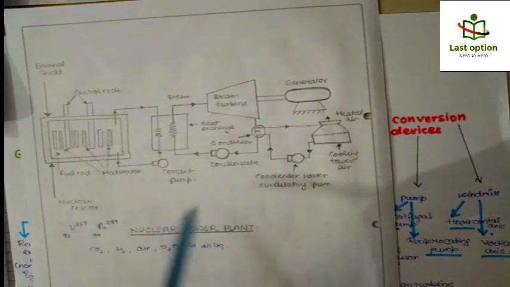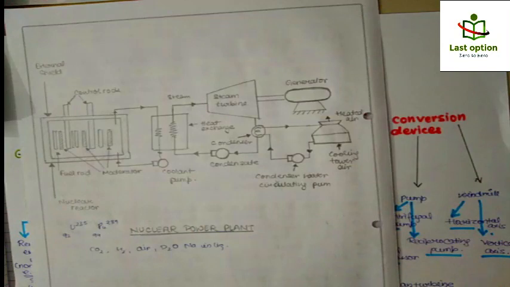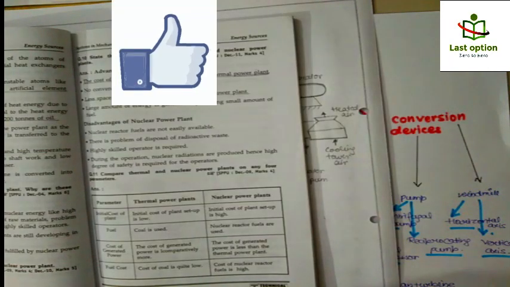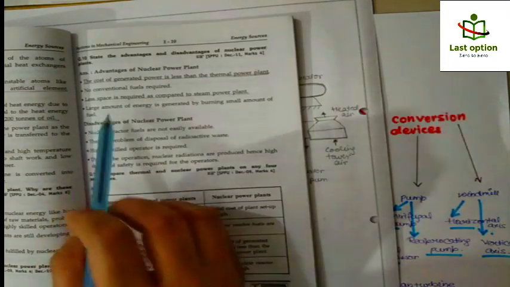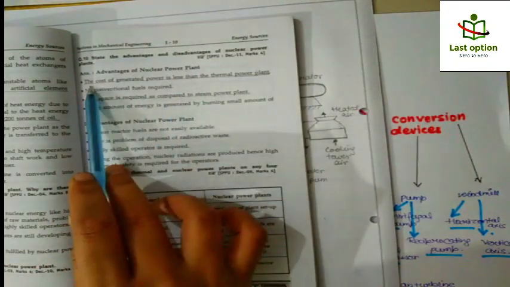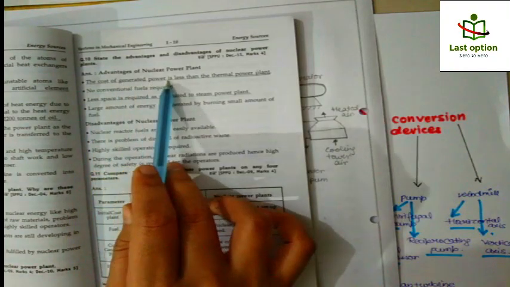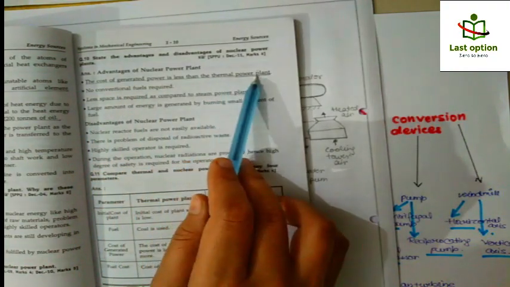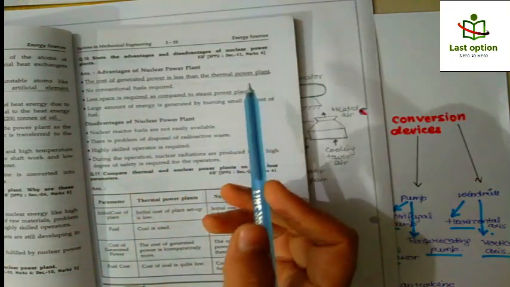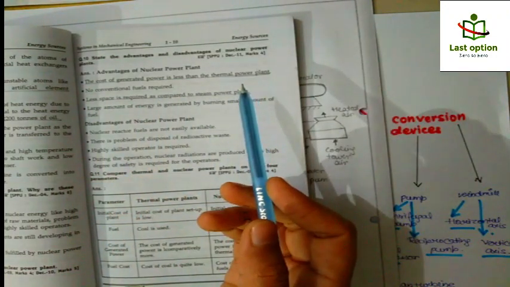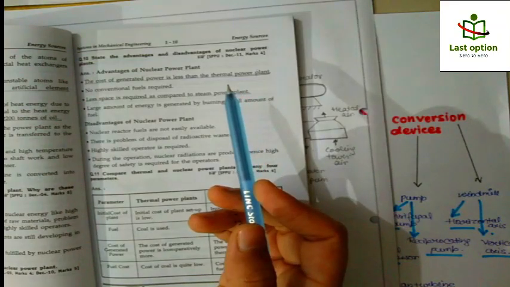So this is all about the nuclear power plant, and we will now study the advantages and disadvantages. What are the advantages? The cost of the generated power is less than the thermal power plant. No conventional fuel is required; as you can see, coal is not required here, meaning we are using non-conventional fuels.